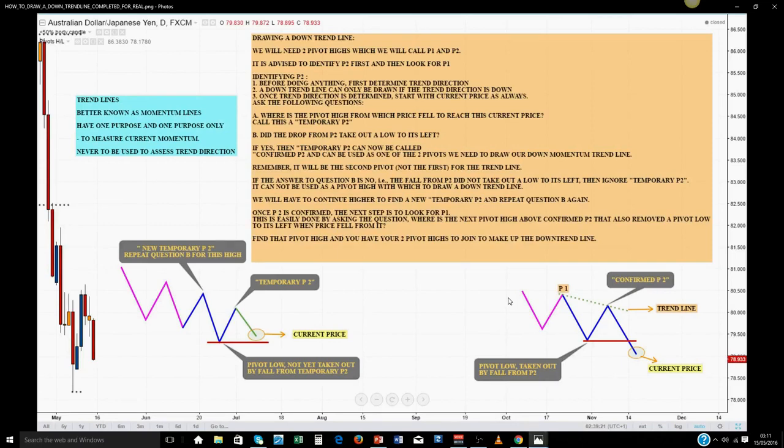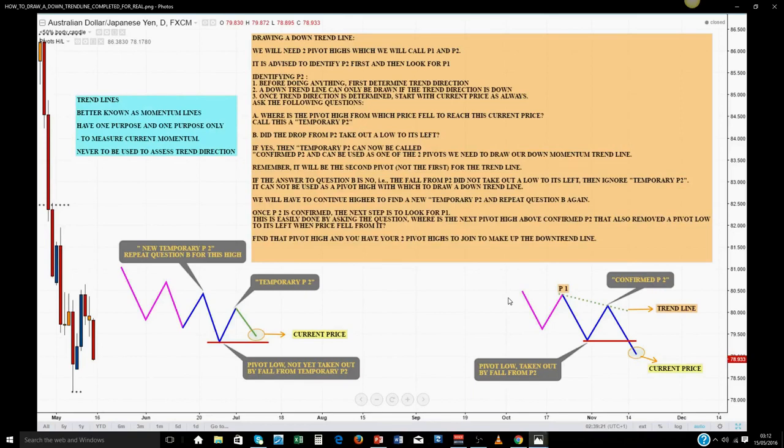One thing I want to say from the start is there is a very big confusion amongst traders. The minute we see a trend line on a chart, we automatically assume it's being used to assess trend. I hope you all know by now that in the supply and demand methodology, we do not use trend lines to assess trend.